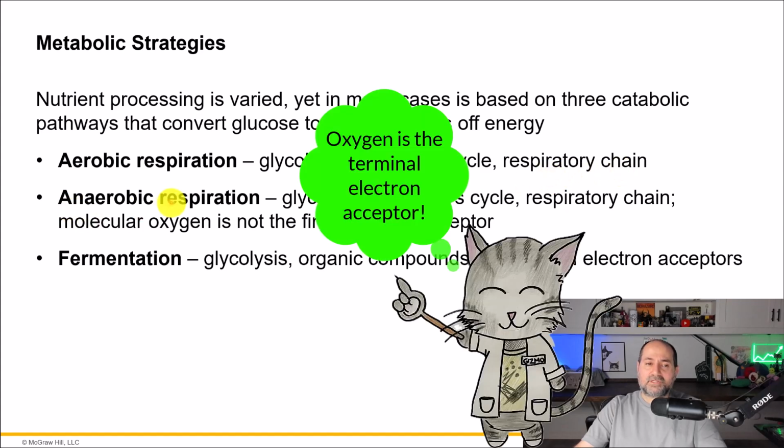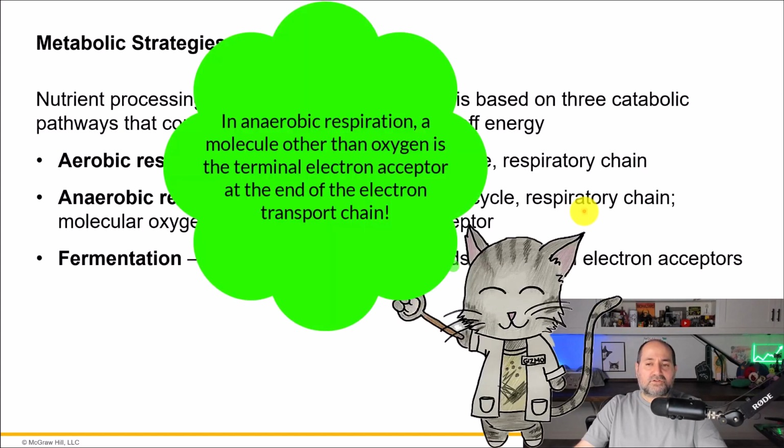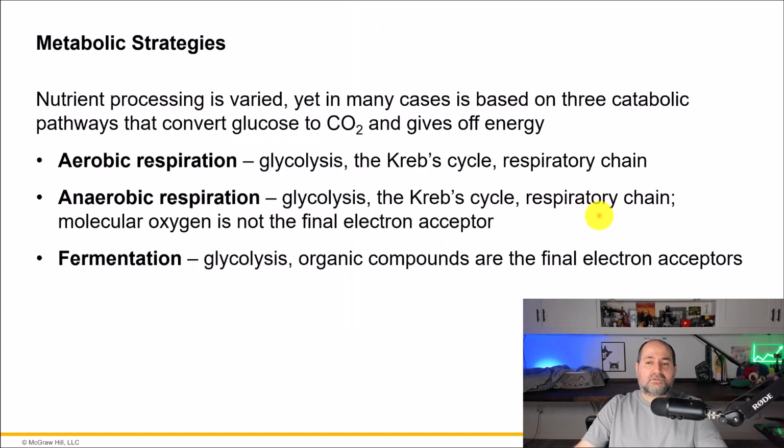Whereas in anaerobic respiration, the terminal electron acceptor is a molecule other than oxygen, like sulfate or CO2 or something like that. Those other molecules are what pick up the electrons at the end of the electron transport chain during the respiratory chain or the oxidative phosphorylation step.